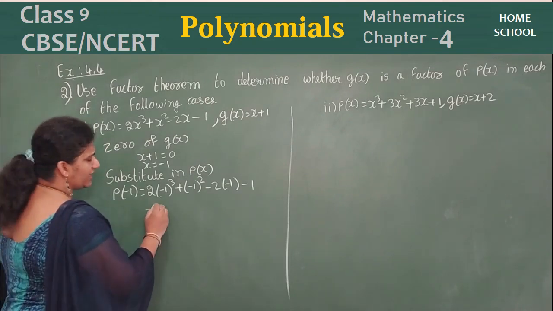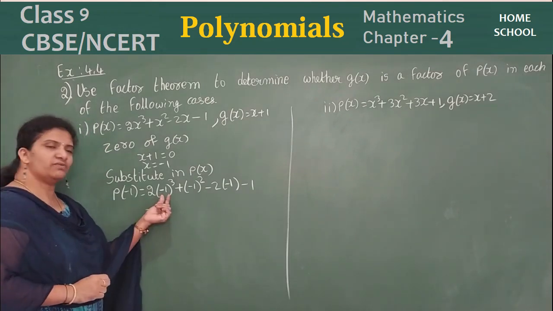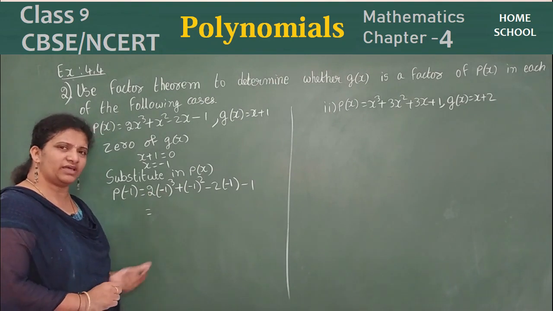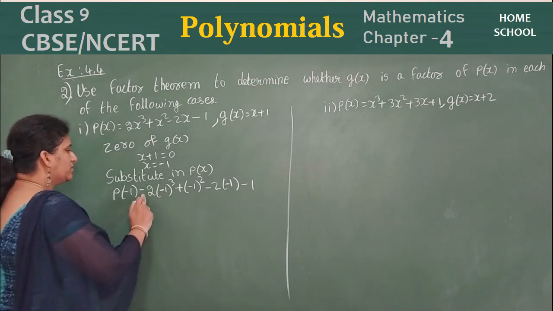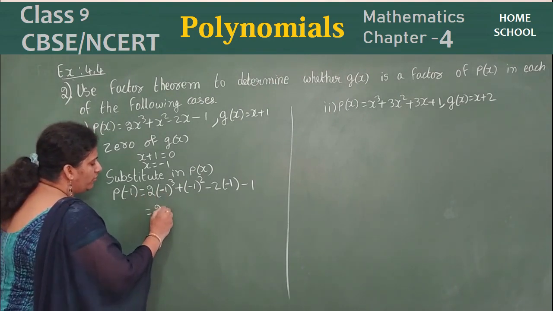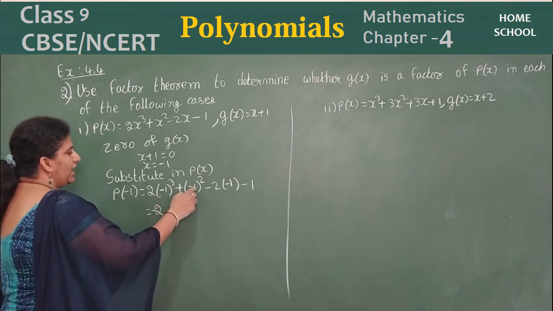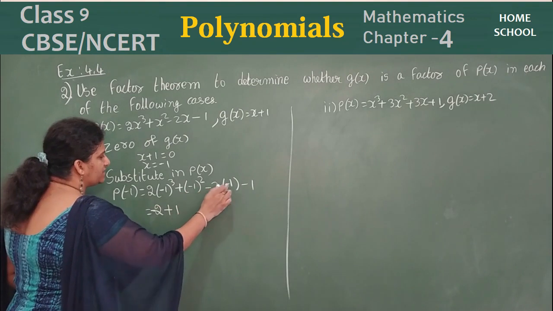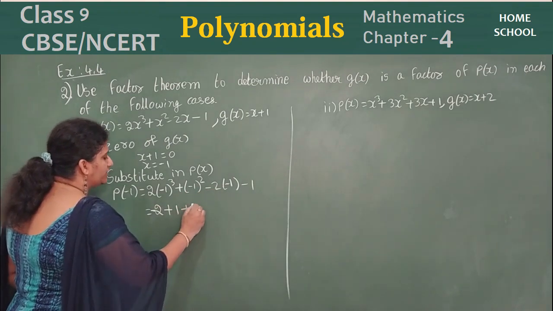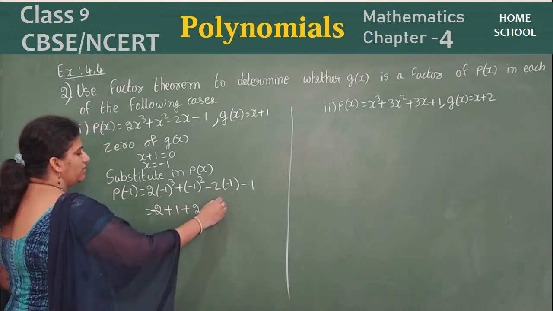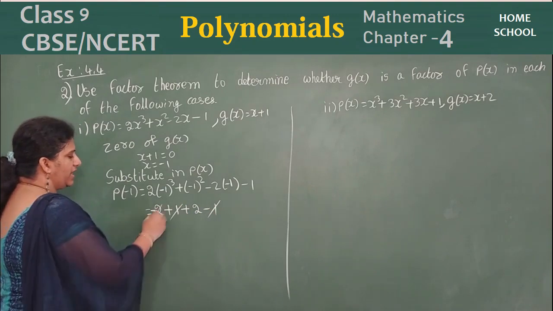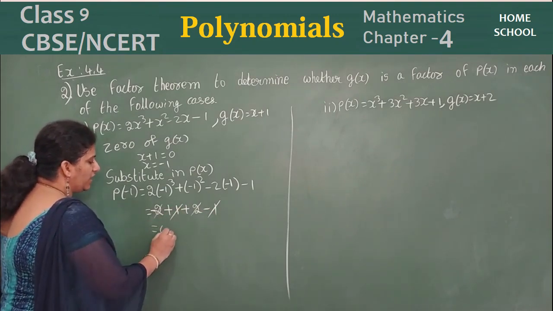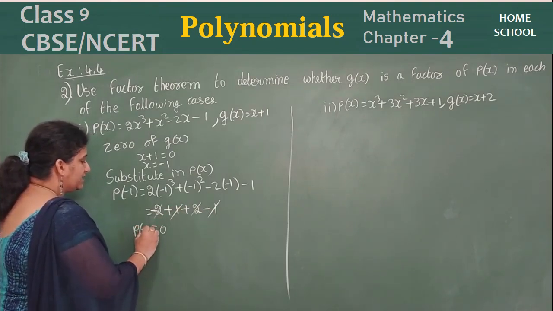Same pattern, children, there is no change. Minus 1 whole cube, minus if you multiply 3 times it will be minus. So minus into 2, minus 2. And here it will be plus 1. Okay, and here minus into minus plus 2 into 1, 2, minus 1. Minus 1 plus 1. Minus 2 plus 2 cancel. You are going to be left with 0.